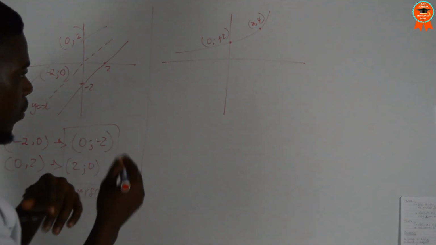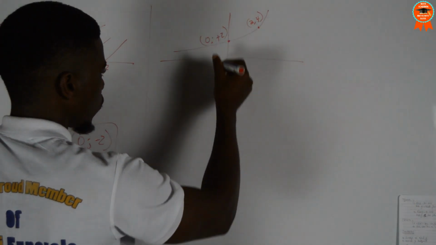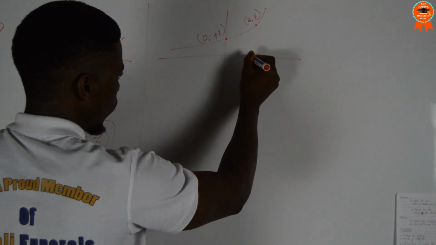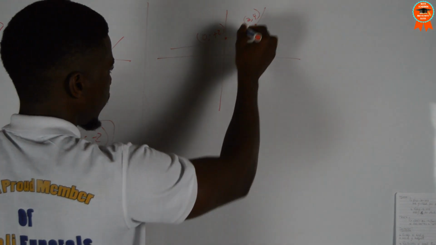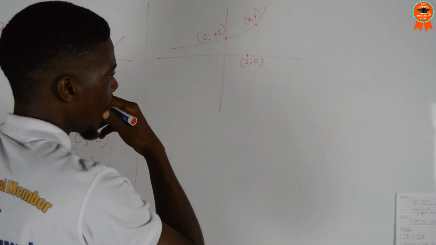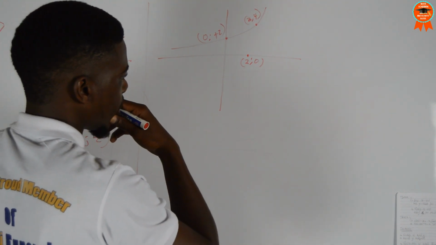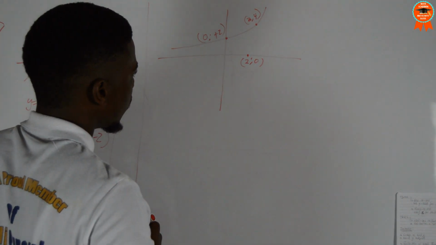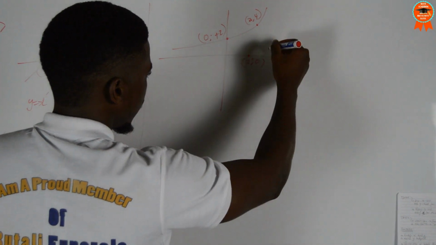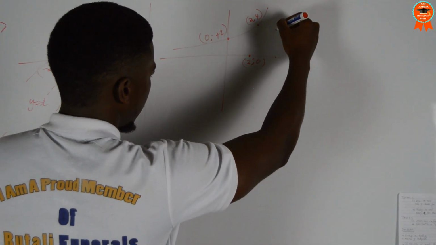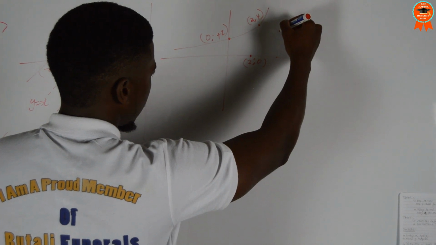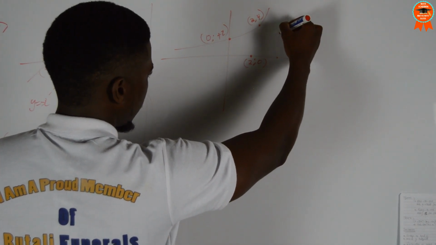I have to swap the coordinates. So 0 and 2 will come here. It will be 2 and 0. Then 3 and 4, it will be 4 and 3. So 4 will be x. Let's say 2, 4 will be here. 3, probably somewhere there.